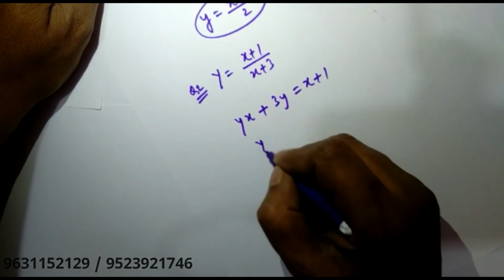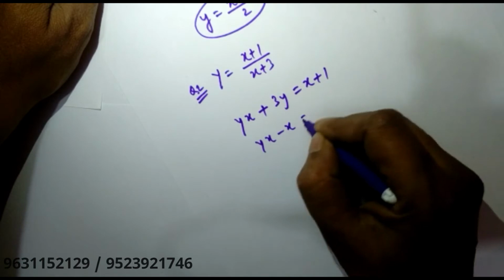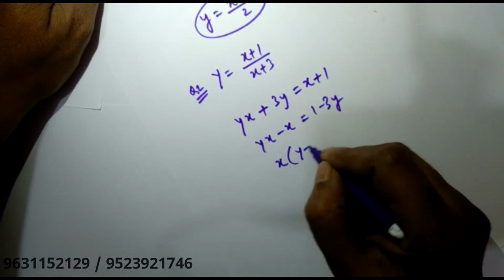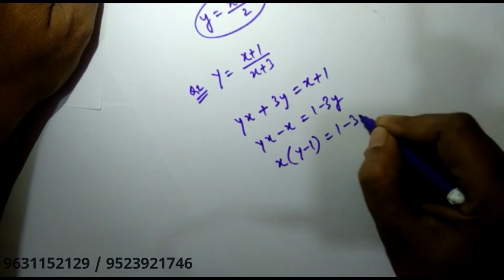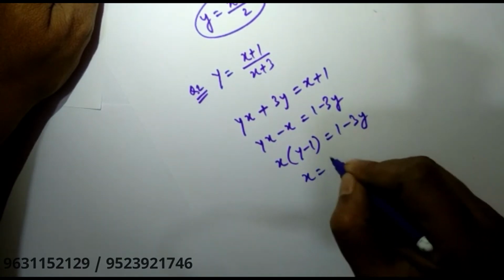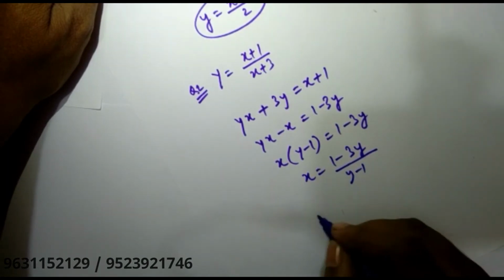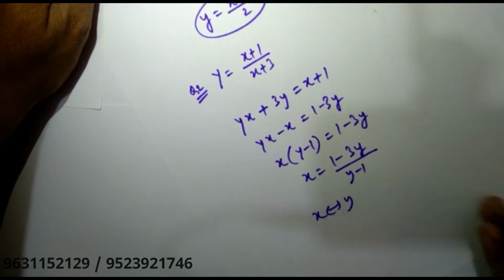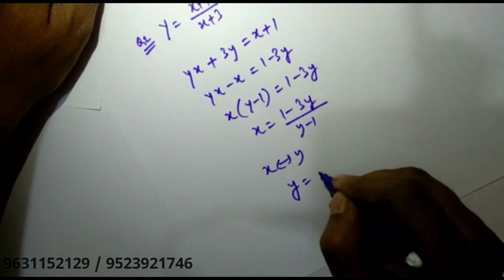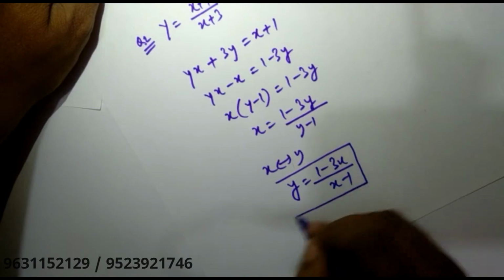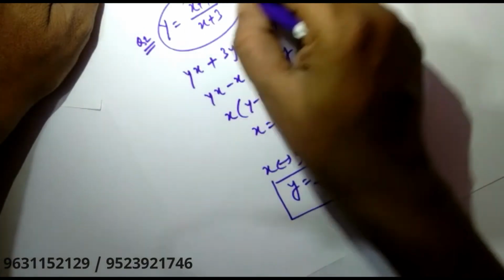That means you may write yx minus x equals 1 minus 3y. Taking x common, x times (y minus 1) equals 1 minus 3y. That means x equals (1 minus 3y) by (y minus 1). Now replace x and y. You will get y equals (1 minus 3x) by (x minus 1). That means this is the inverse of the given function.